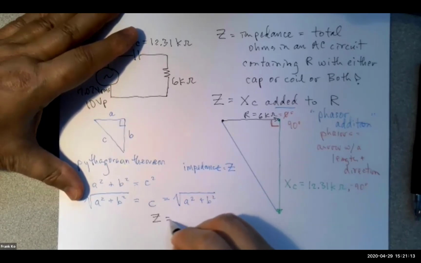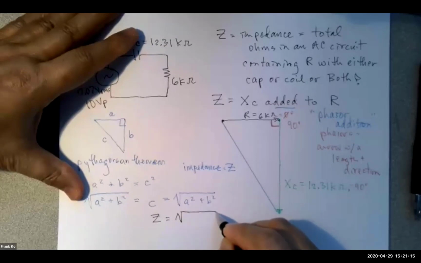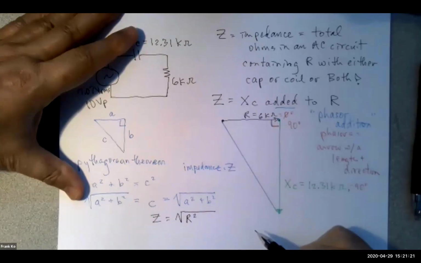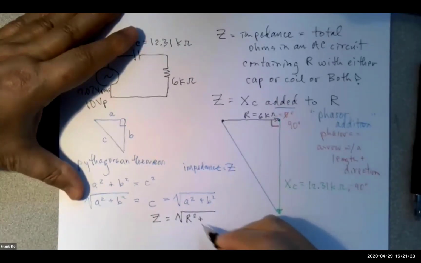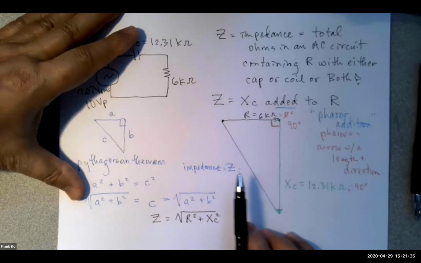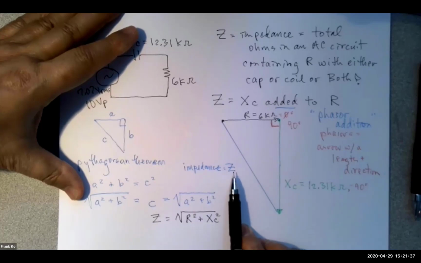Z is equal to the square root of a value of R squared, because that's one of the sides of a right triangle, and I'm going to add that to the square of the other length of the triangle squared. So I have R squared plus X sub C squared. This squared plus this squared must equal impedance squared, or impedance is simply the square root of this.